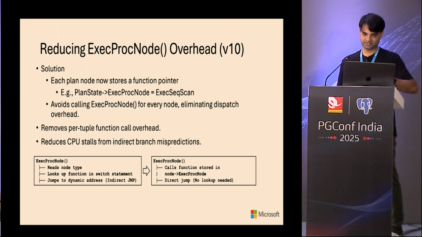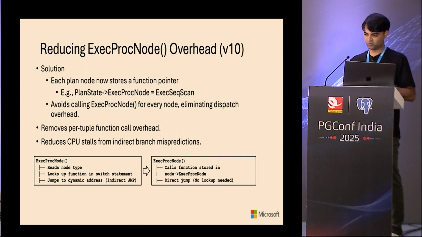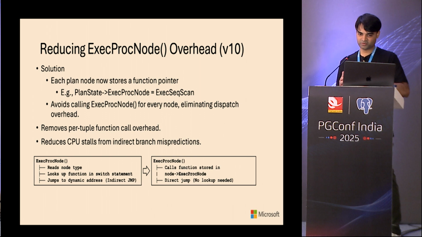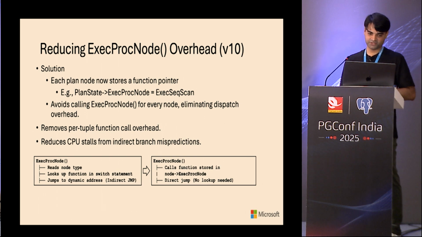You just look at the node's plan state itself, and you have the function pointer predetermined at plan initialization time. So you take some work that the executor was doing at runtime and move some of that to plan init time. And yeah, this reduces many indirect function calls, and reduces CPU stalls and branch mispredictions. This also made performance better by itself significantly.